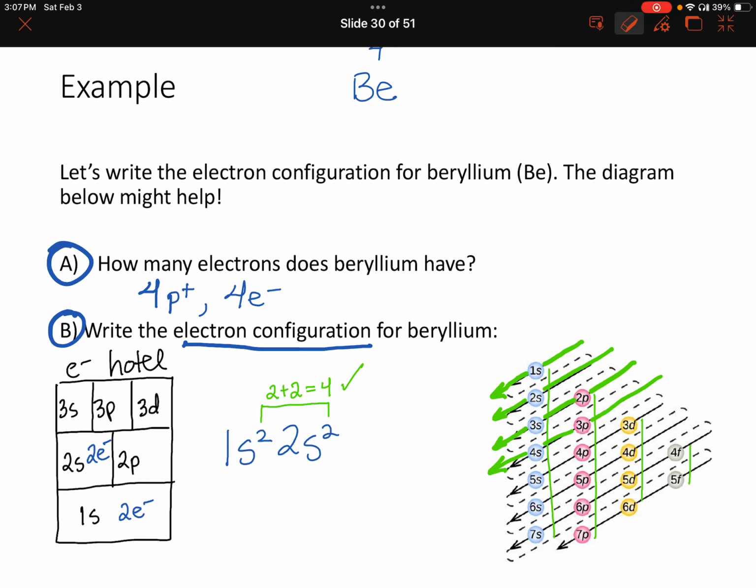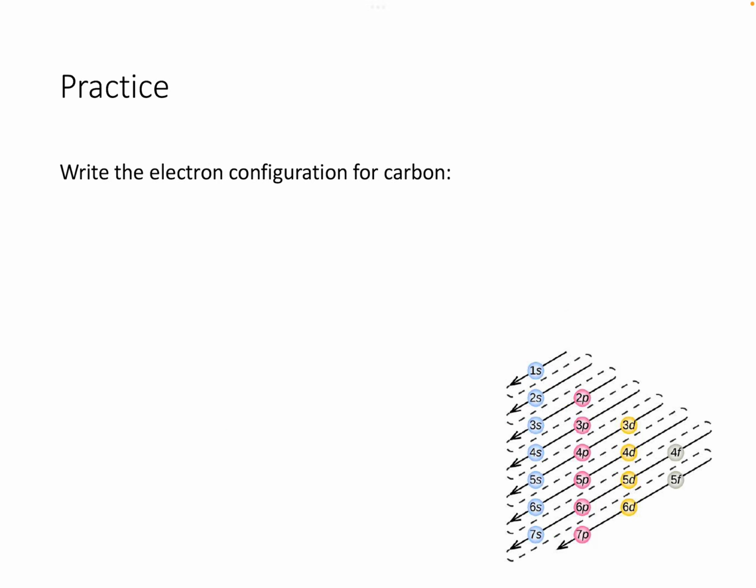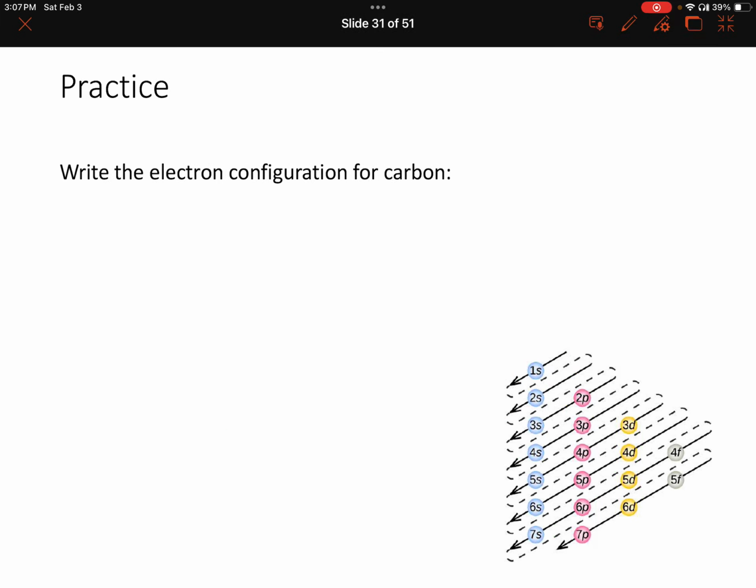All right, so let's do one more practice together. Let's write the electron configuration for carbon. So if we find carbon on the periodic table, its atomic number is 6, so that's right above carbon. So that means carbon has 6 protons and 6 electrons.